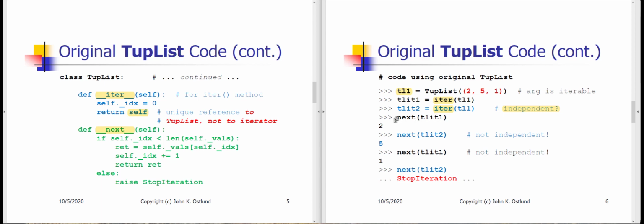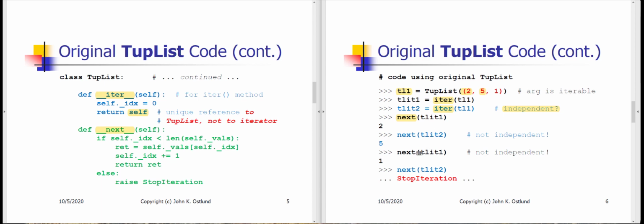In fact, if I ask for the next value using TL iterator 1, I get back the 2. But if I then ask for the next value using TLIT2, I get back the 5, proving that TLIT2 is not independent of TLIT1.